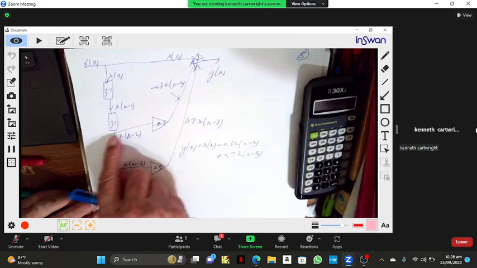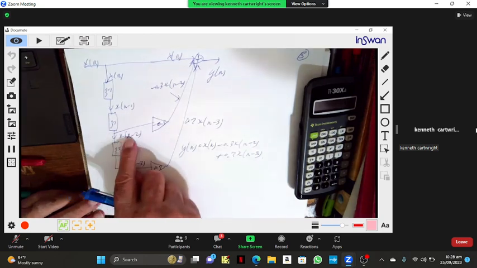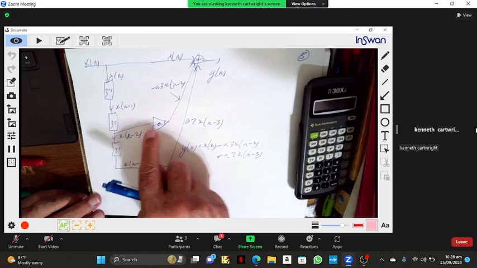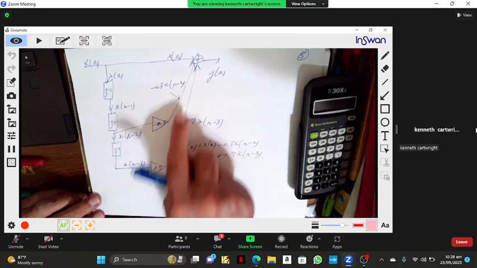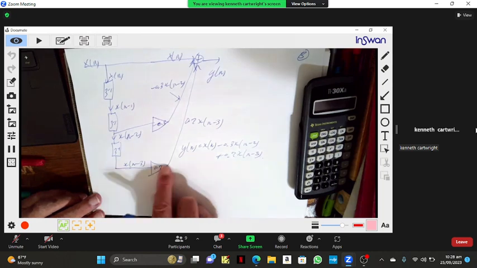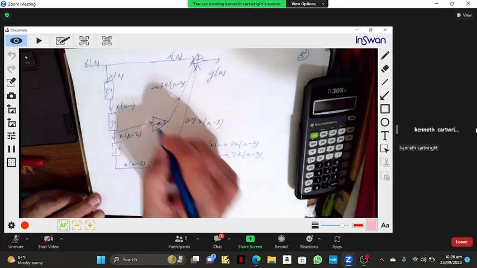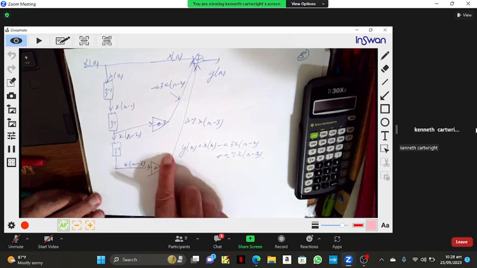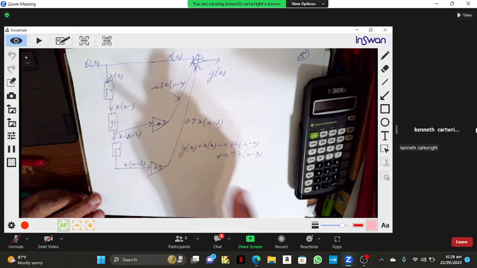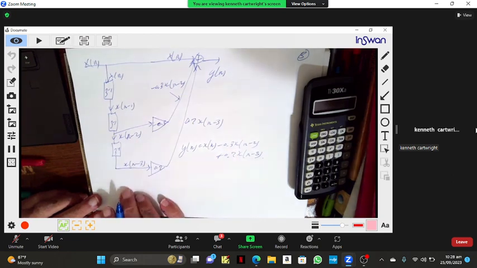That's x of n minus 2, and when you go through the amplifier, it's negative 0.3 times x of n minus 2. What's going on here? x of n minus 3 is going here. The gain is 0.7. So what's on the output? 0.7 times x of n minus 3. This ain't hard at all. This just requires you to look at the circuit carefully.